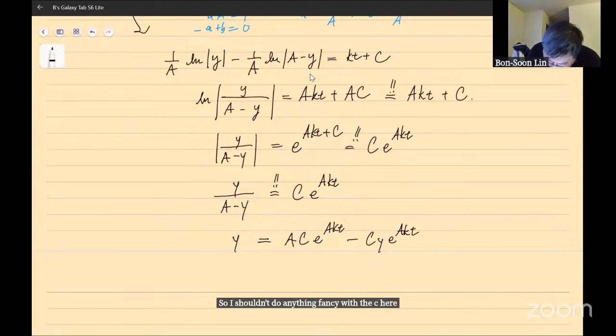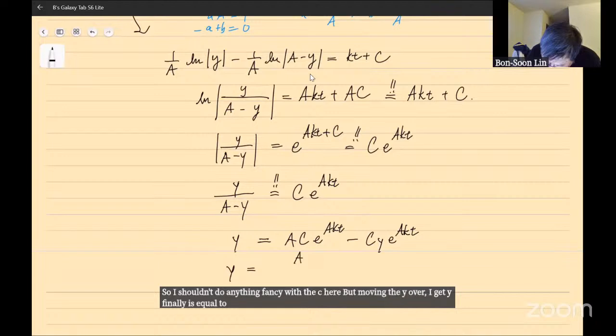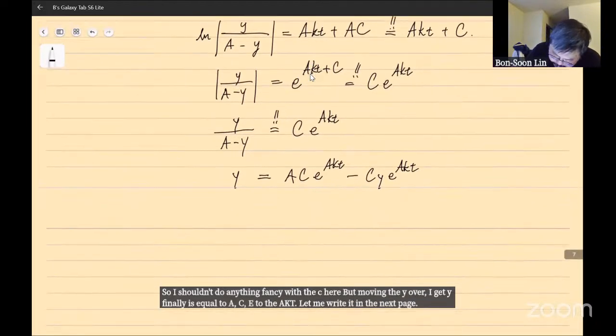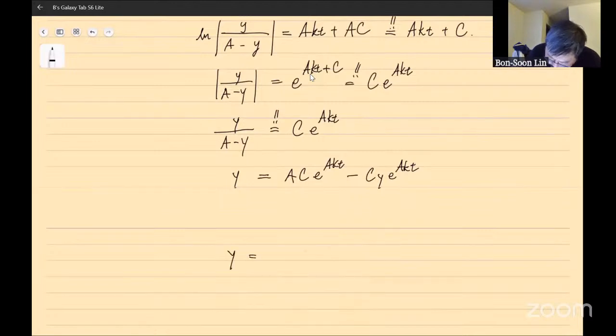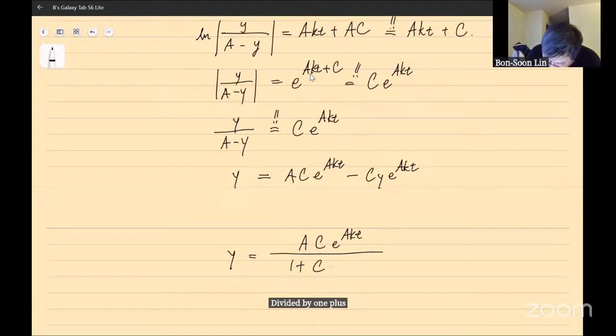But moving the Y over, I get Y finally is equal to AC e to the AKT. Let me write it on the next page. We get Y is equal to AC e to the AKT divided by 1 plus C e to the AKT.